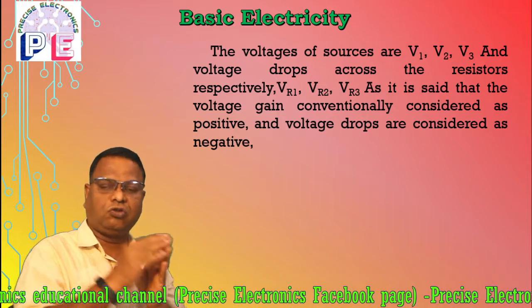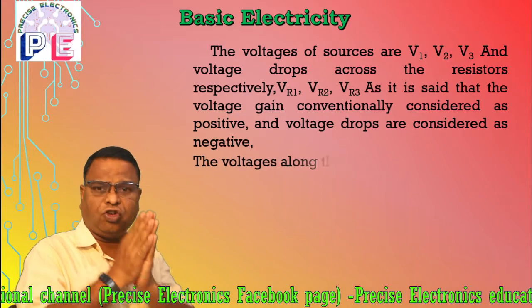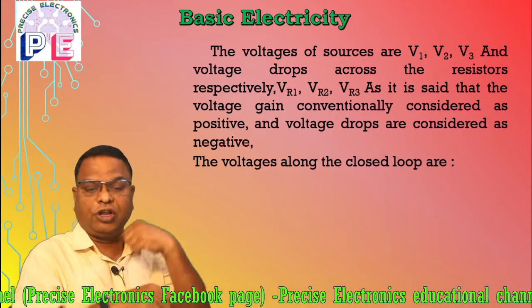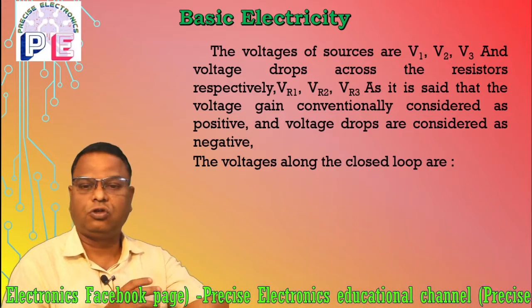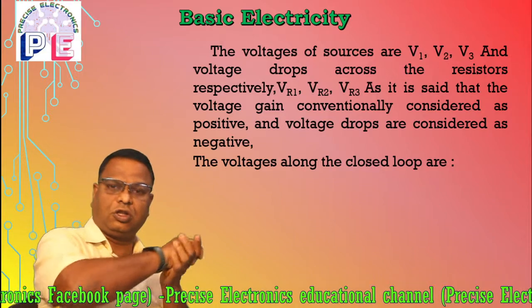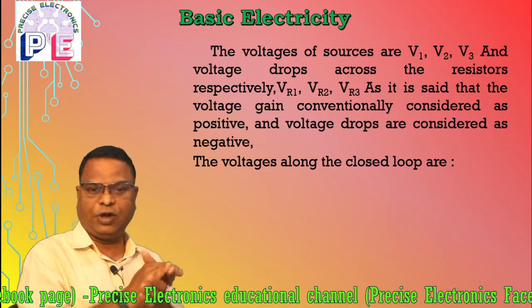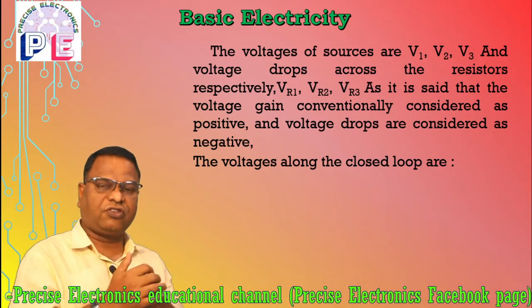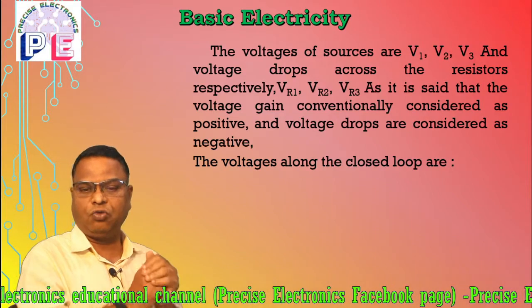By using this law, the summation of the applied potentials, the gains, and the potential drops must be equal to 0. Voltage sources V1, V2, V3 provide the voltage, and the drops across the resistors are VR1, VR2, VR3, considered negative.